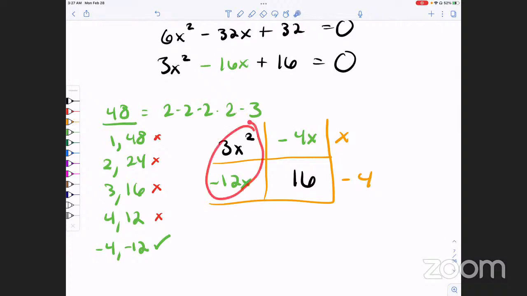On the left, they both have x and 3, so we can factor out a 3x for both of those. And on the right, another negative 4, right?